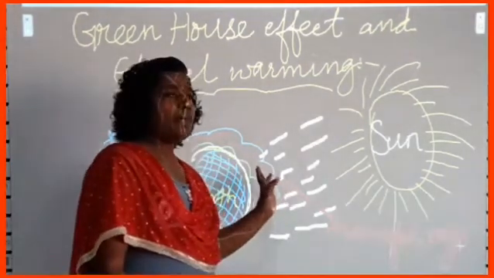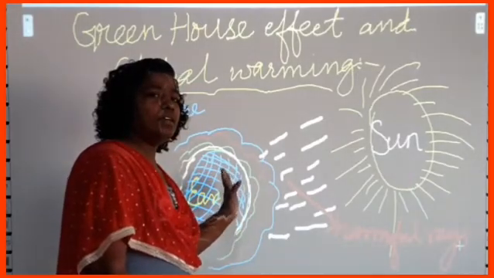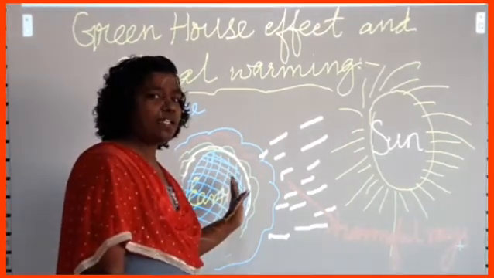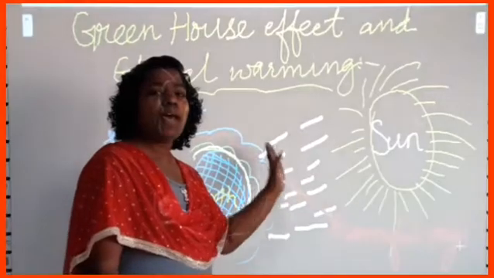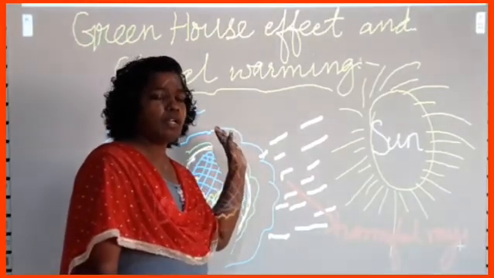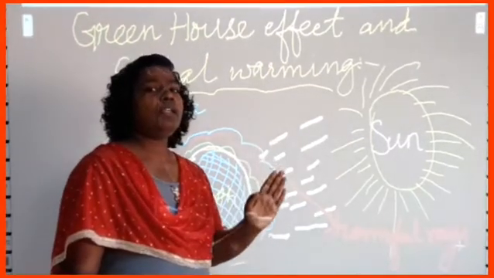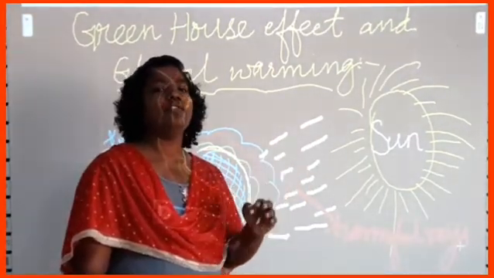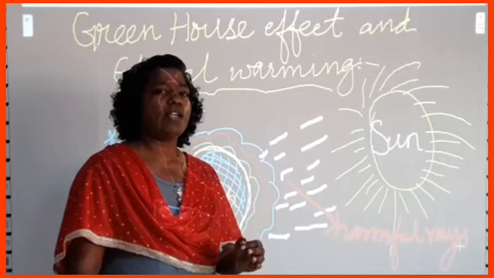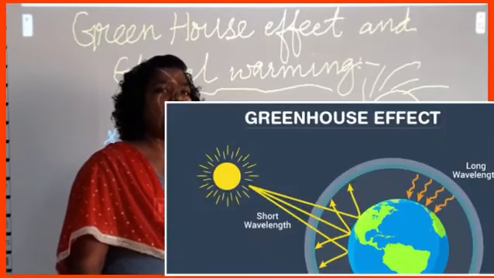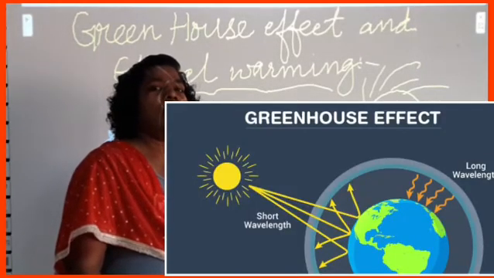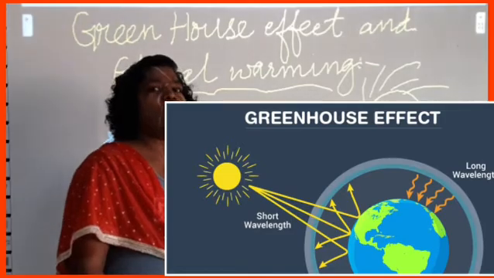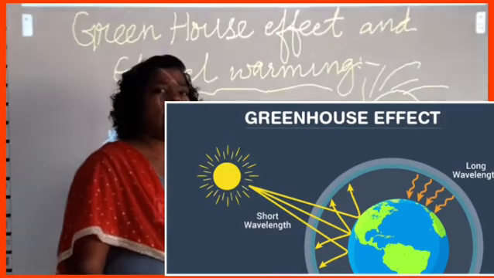Now, this heat that falls on the surface of the earth will be reflected back to the atmosphere. And when we learn about the atmosphere, it contains different gases. What are the different gases? Carbon dioxide, nitrous oxide, methane, water vapor, chlorofluorocarbon.